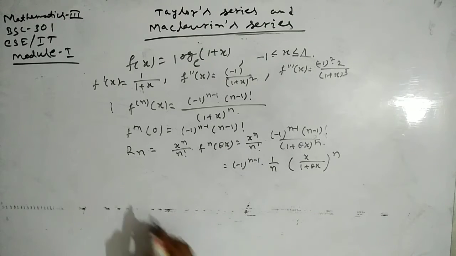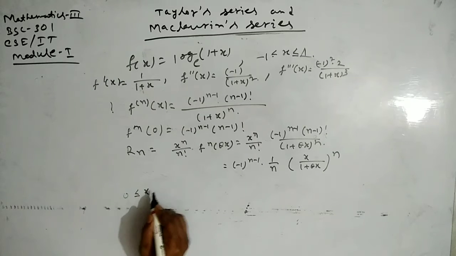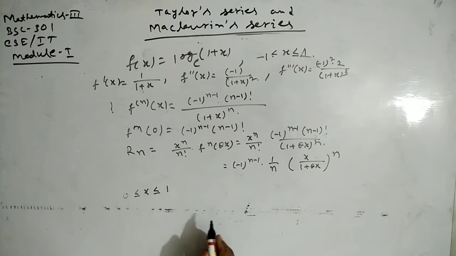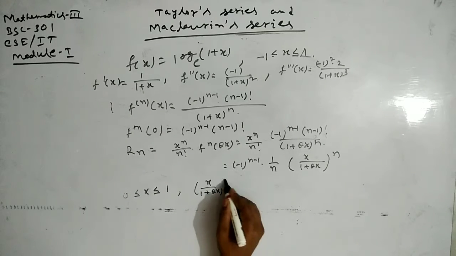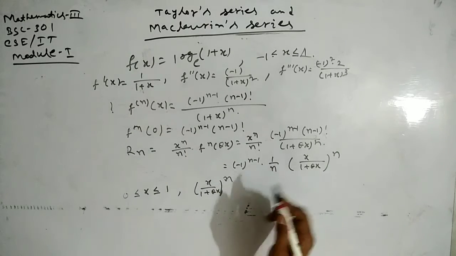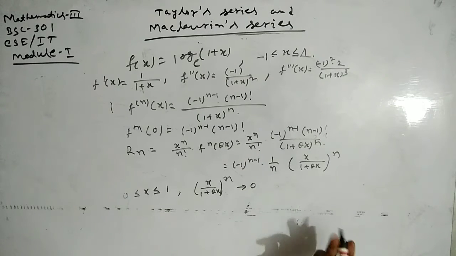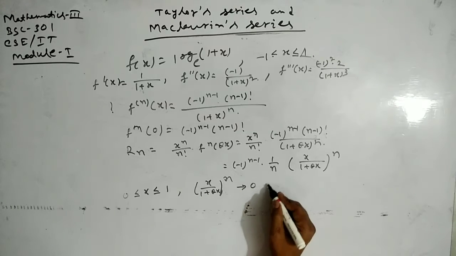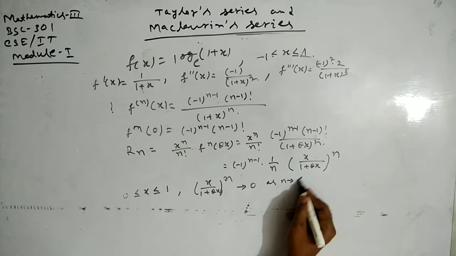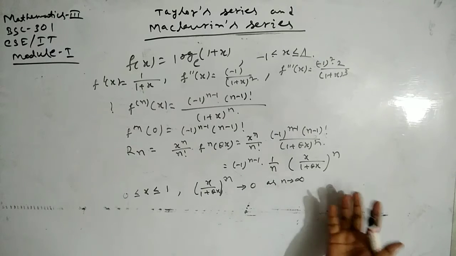Now when 0 is less than or equal to x less than or equal to 1, then (x by 1 plus theta x) whole to the power n, that is this term, will tend to 0 as n tends to infinity. What is the reason?